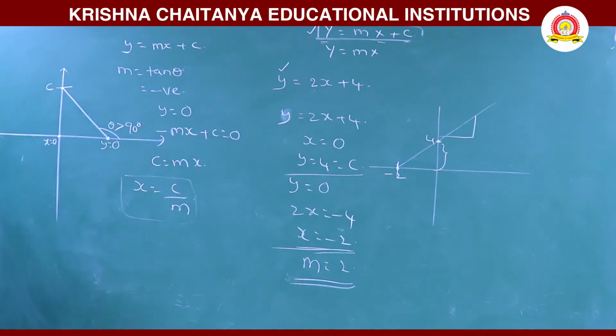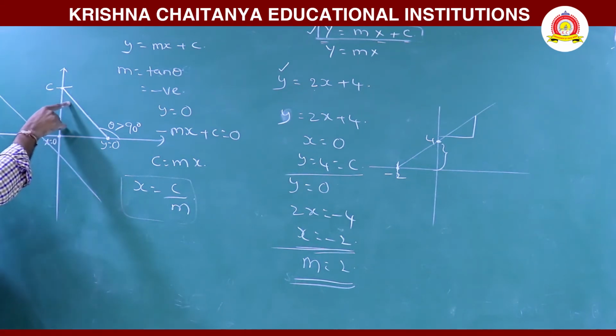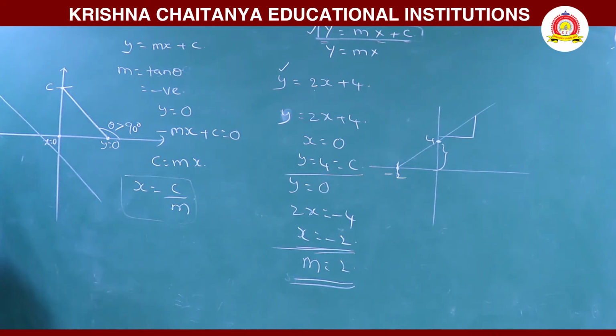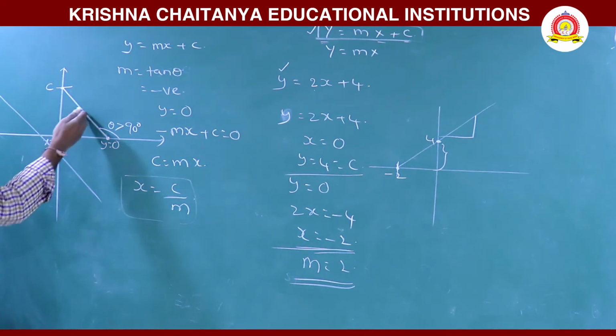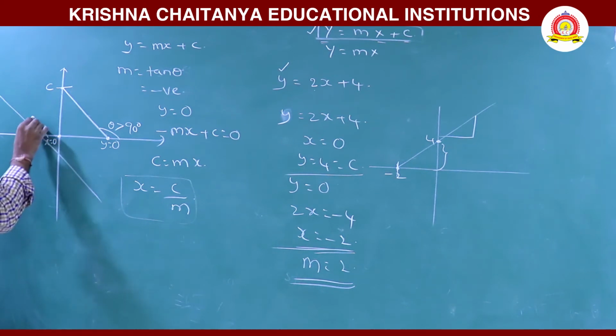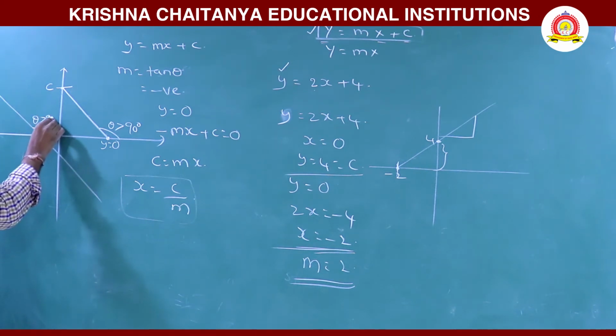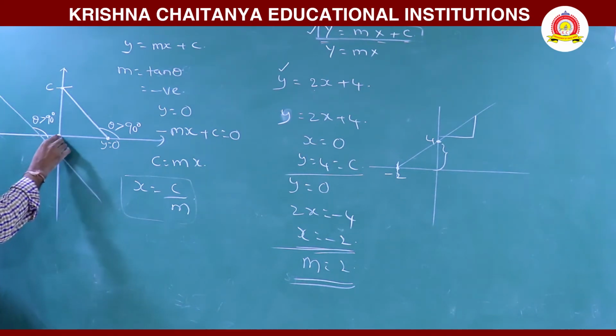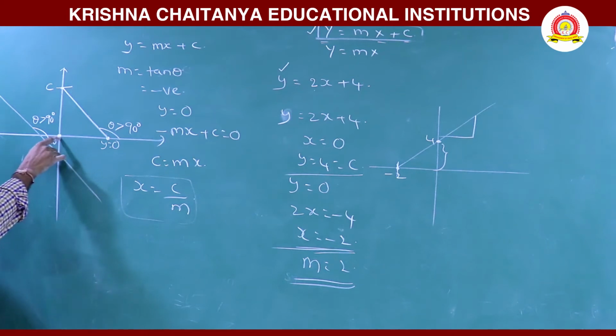Similarly, we can take another straight line. Whatever straight line is drawn here, another straight line is drawn parallel to it. Then what is the difference between these two straight lines? Observe carefully that here the angle is greater than 90. Now x is 0, this point is the origin.